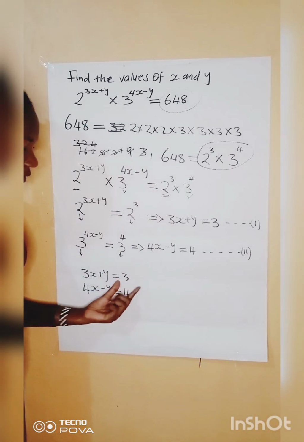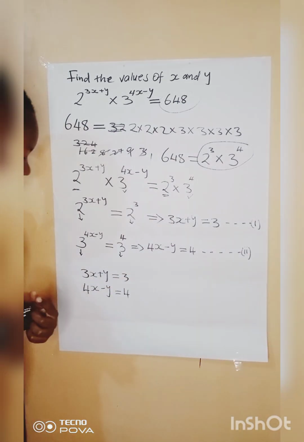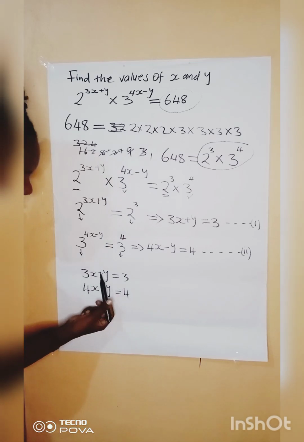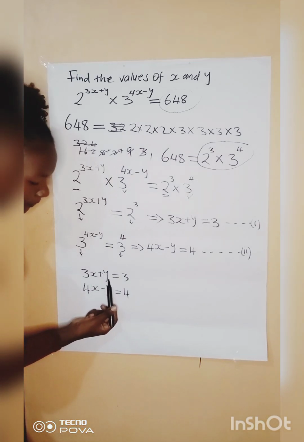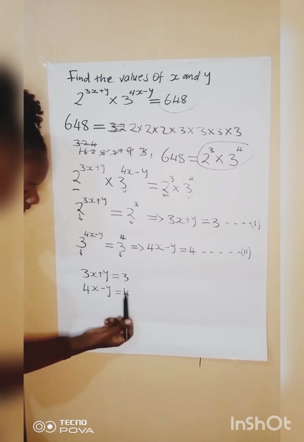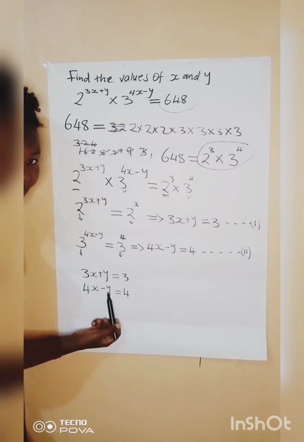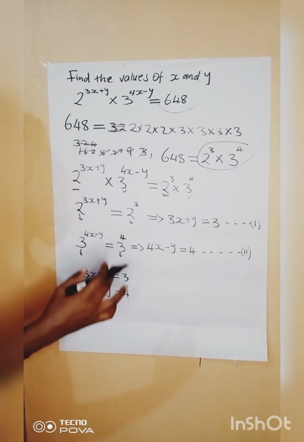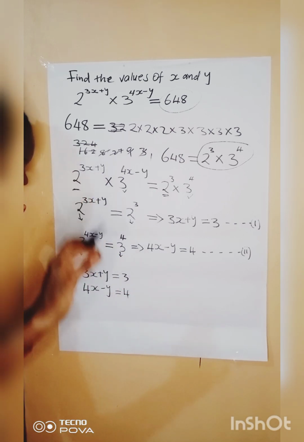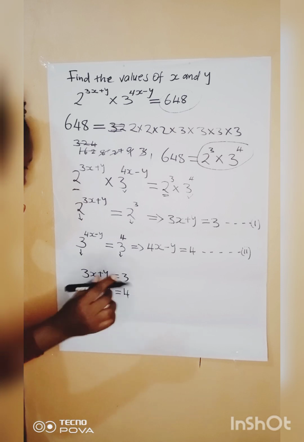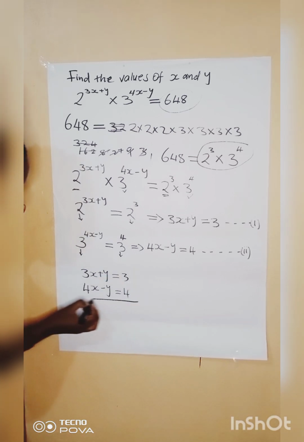Okay, now when using elimination method, I want us to eliminate the value of y here. As you can see, we have 1y, which is positive in our first equation here. In this other equation here, we have 1y, which is negative. So we can just eliminate y's here. We can decide to add or to subtract. Whatever sign will give us the value of y to be 0, that is the sign that we are going to use.